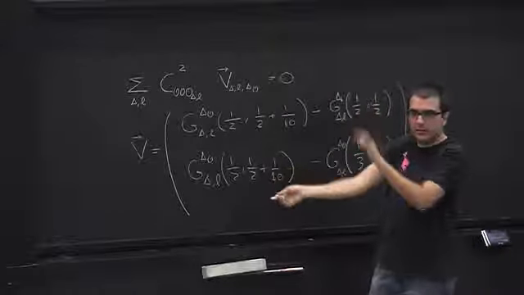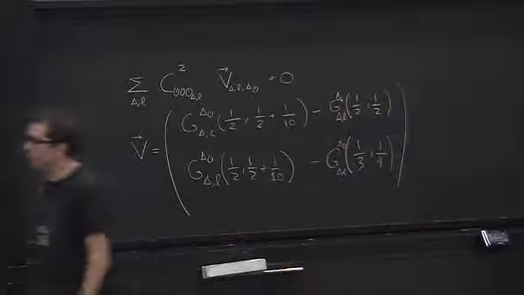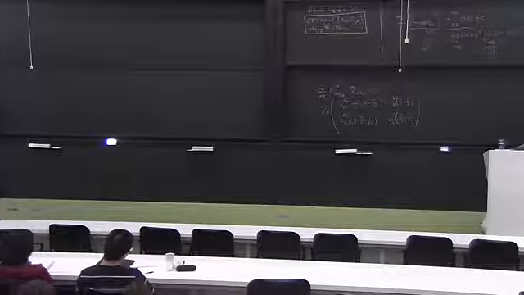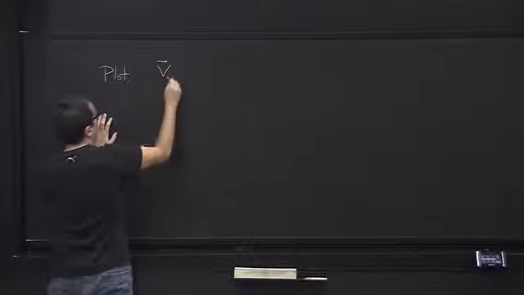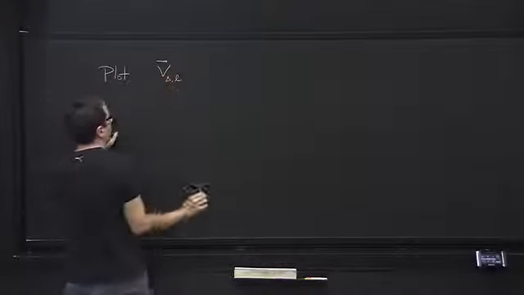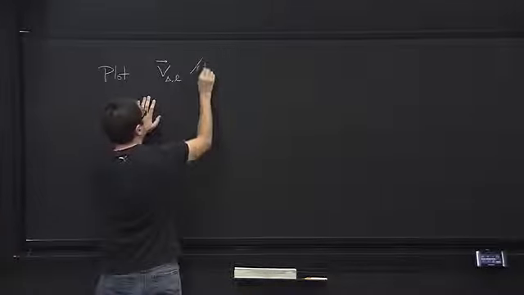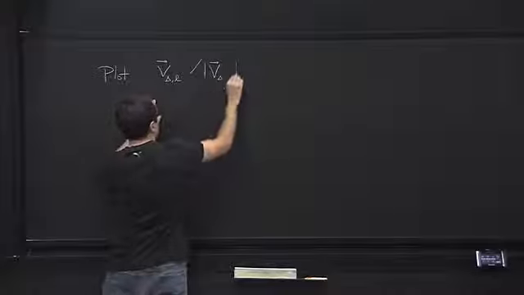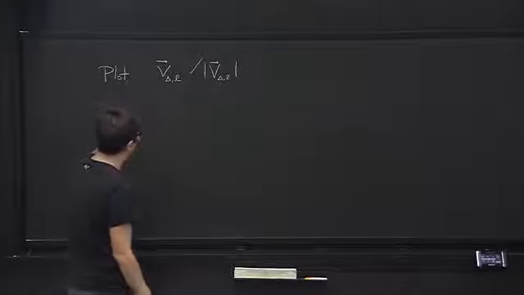Okay? So what we will plot now, we will plot them. Let's plot V, which depends on delta and del. And let's divide it by the absolute value of V of delta and del, by the norm. Okay?